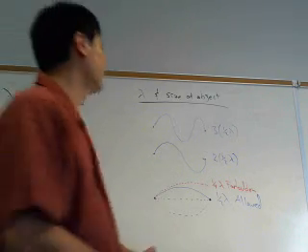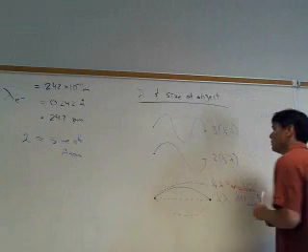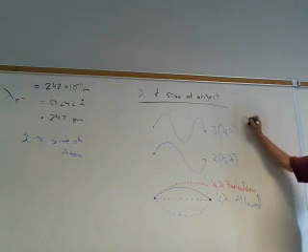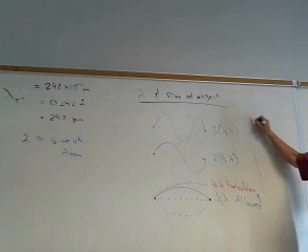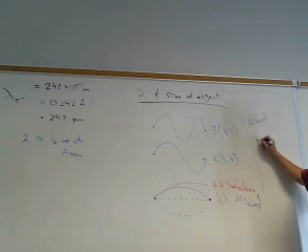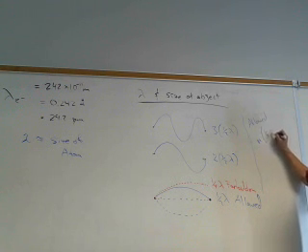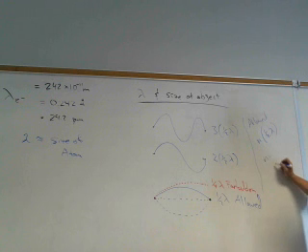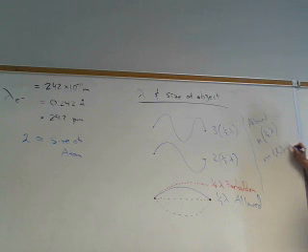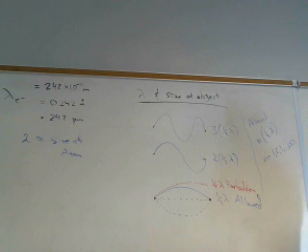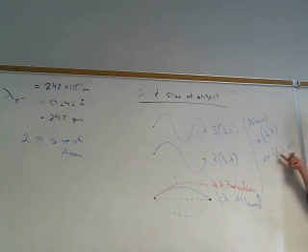Actually, we can come up with a simple pattern for this. What is the pattern here? Do you see it? The allowed states are going to be n times 1/2 lambda, where n is equal to 1, 2, 3, and the maximum is going to be infinity. So there is an infinite number of allowed states.